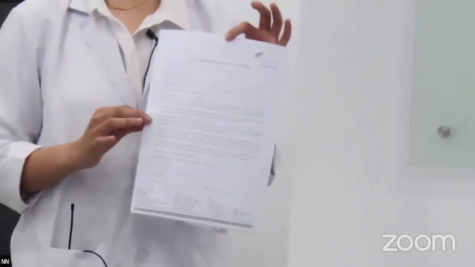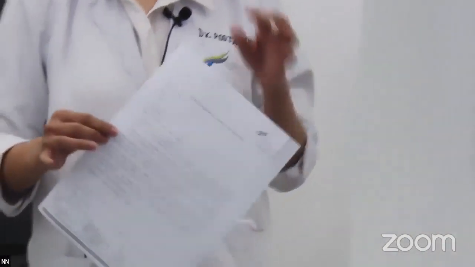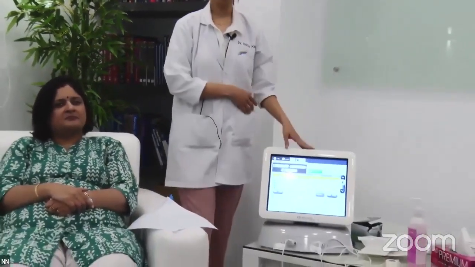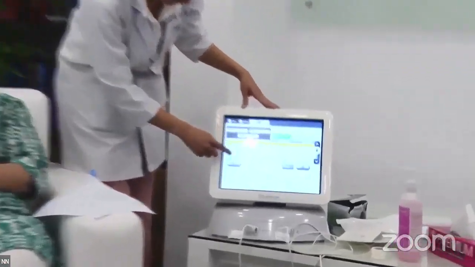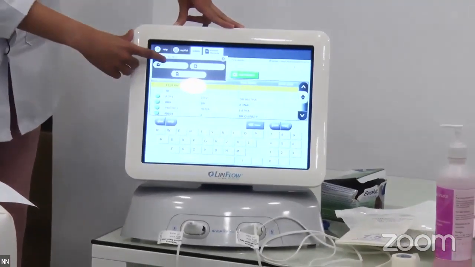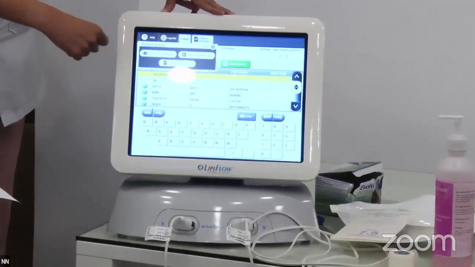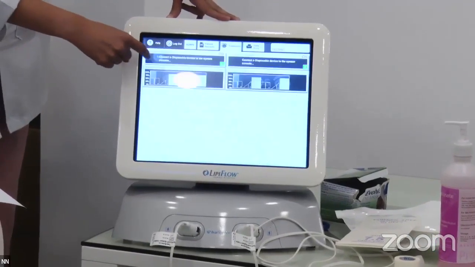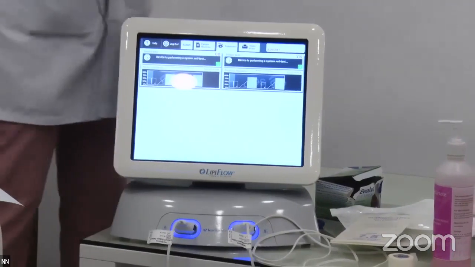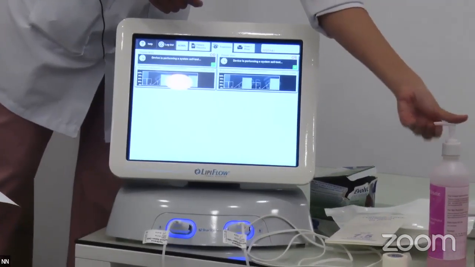Only once we have consent from the patient, we should proceed. This is how the LipiFlow looks like, and we enter the patient details here. Once we have entered the patient details, we click here on how to perform the treatment. This will take us to the screen where the treatment is going to be performed.